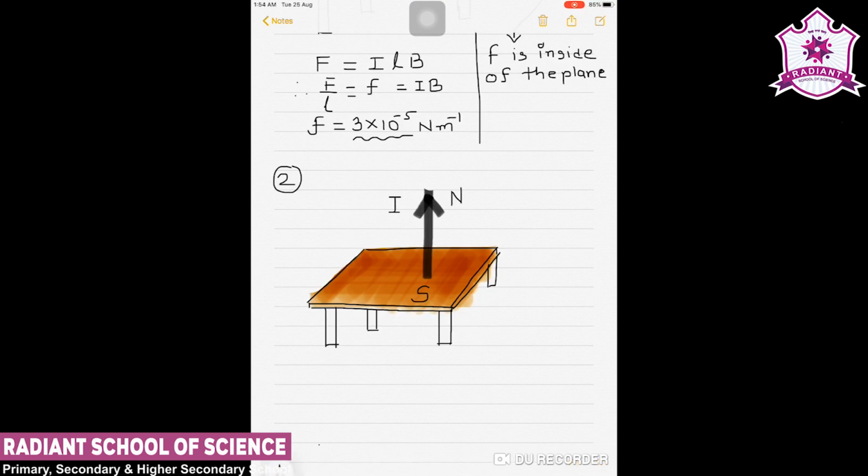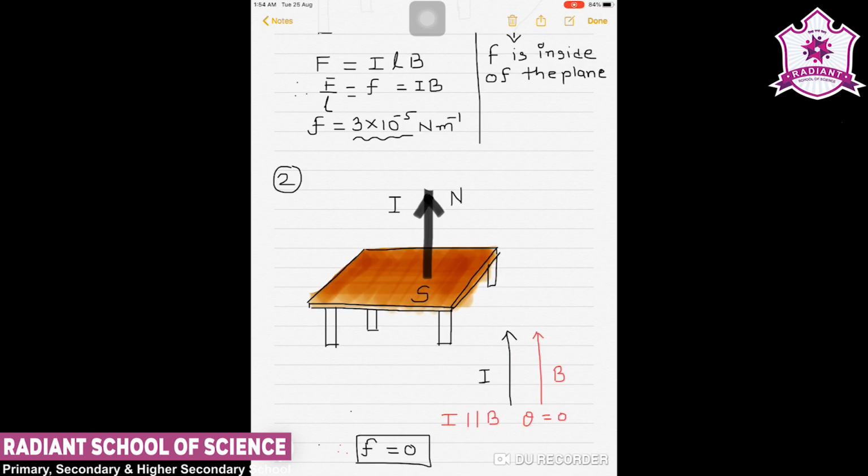So it will be an easy part for us. Current I is flowing here, and at the same time the magnetic field is also in the same direction, and therefore they are parallel to each other. So I is parallel to B, and therefore theta is 0, and therefore it will exert no force. So force would be 0 in the second case.